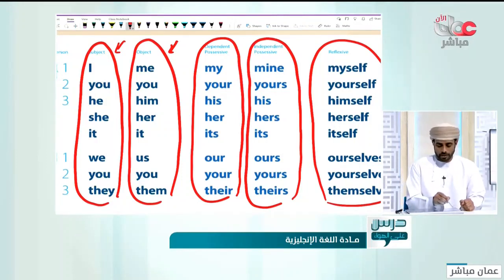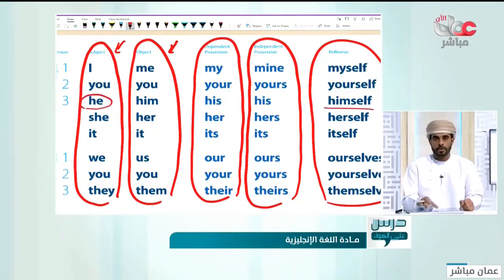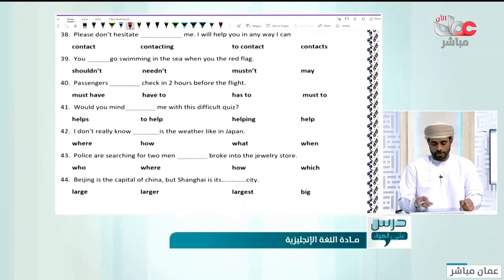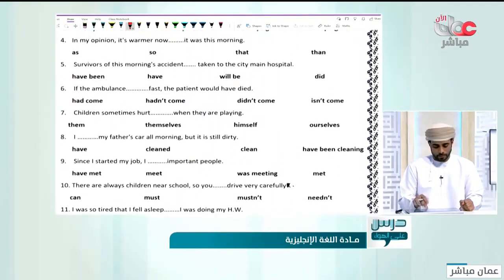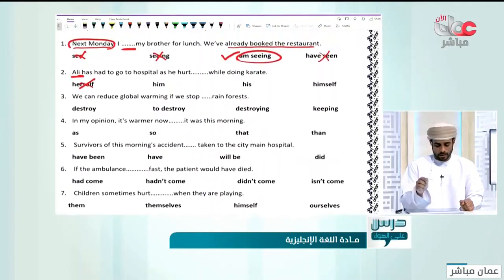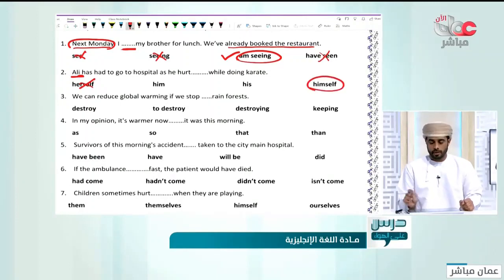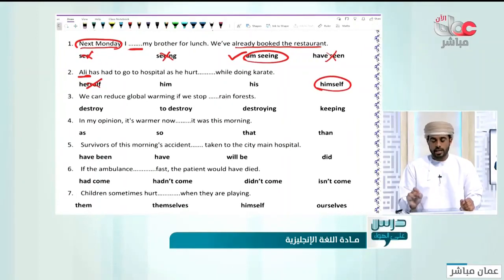So in there it says Ali. We can replace Ali with he. So himself. Let's go back to the question. Yes, it says Ali had to go to hospital as he hurt himself. Good. Those are some of the easy questions that you can answer.